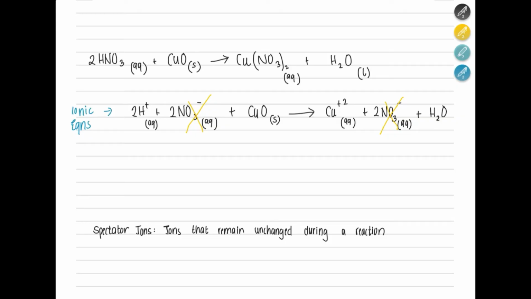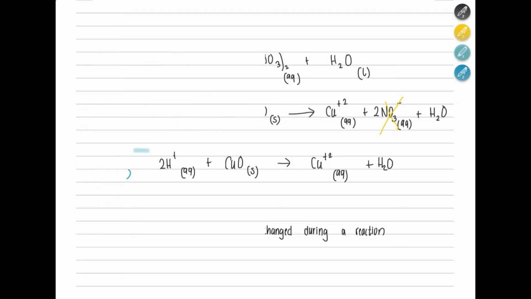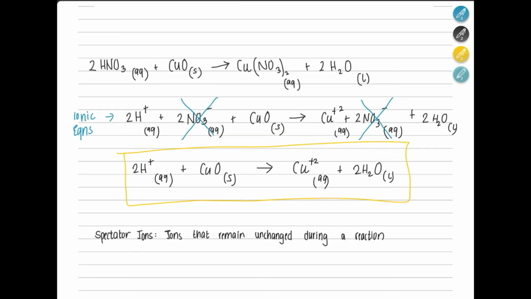Now let's write down the net ionic equation. The net ionic equation does not have the spectator ions, all right? So we're left with 2H plus aqueous, and then copper oxide solid is going to give us Cu plus 2 aqueous plus water. So this is your net ionic equation.